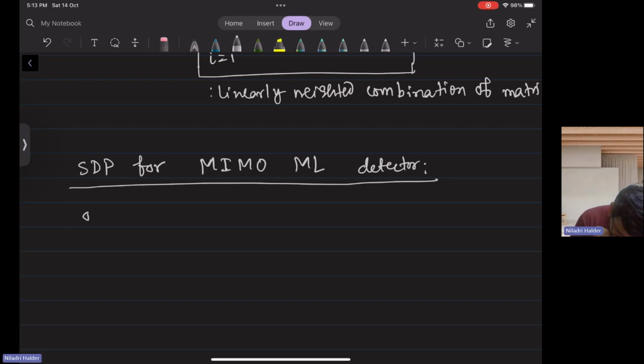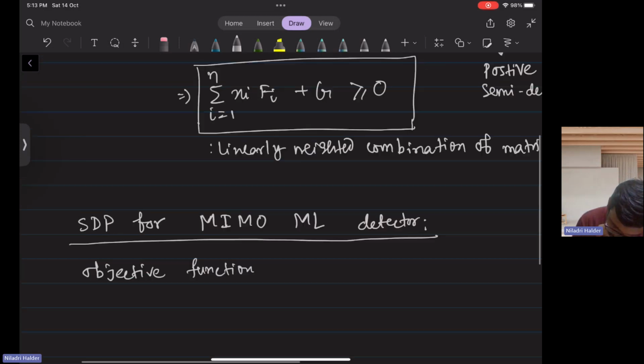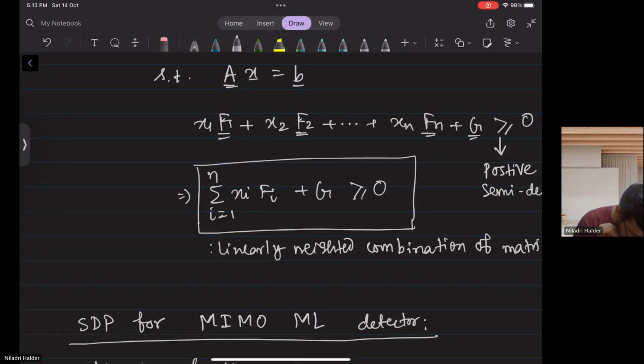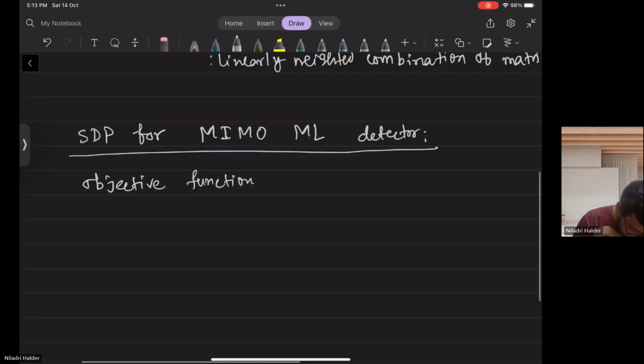The objective function is to minimize y minus Hx.